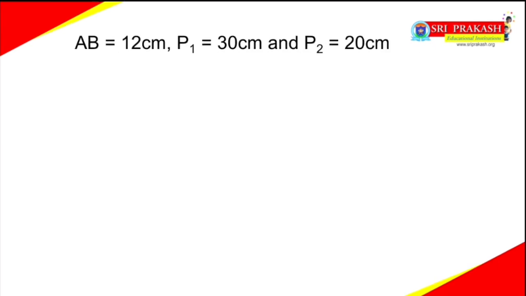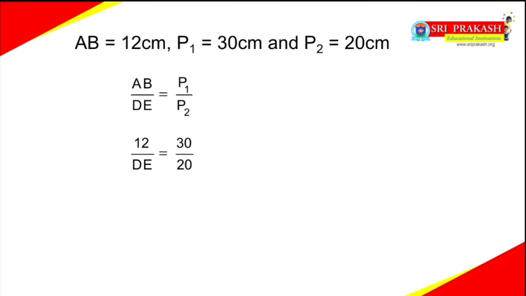Next, children, now let us substitute the values of AB, P1 and P2 in this equation. Then we get 12 by DE is equal to 30 by 20.